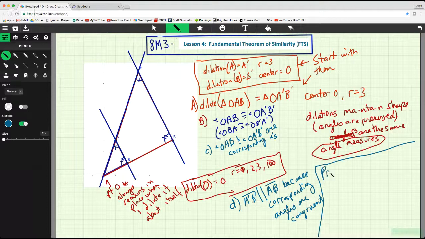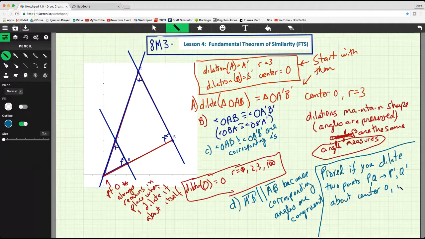is this. We have proved that if you dilate 2 points, P and Q, to P prime, Q prime, about center O with scale factor R, then PQ is parallel to P prime, Q prime.